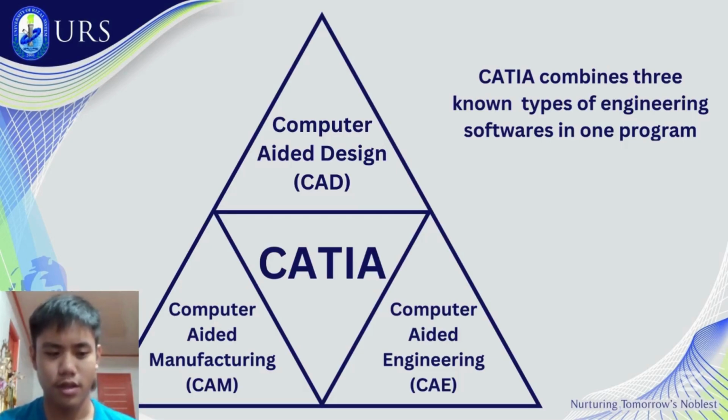Knowing that it has various features and systems integrated into one program, it can safely be assumed that this application is very powerful and versatile. Knowing that it is powerful and versatile, it possibly has a wide range of applications spanning various industries.